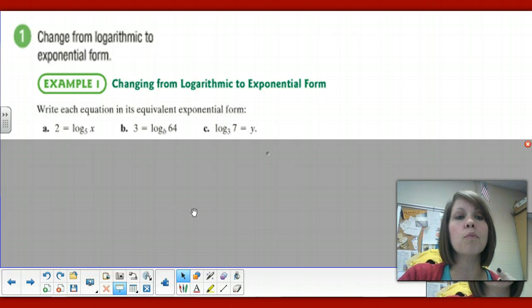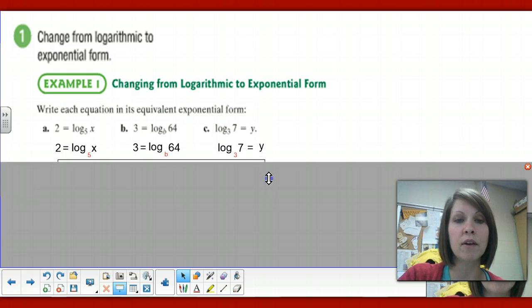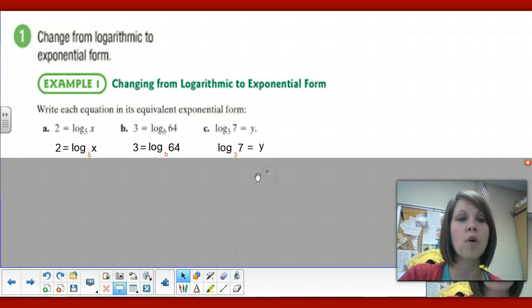So, part A of example 1, 2 equals the log of x base 5. I want you to identify the base in part A, and I've identified them in red down here. Okay, so we have 2 equals the log of x base 5.